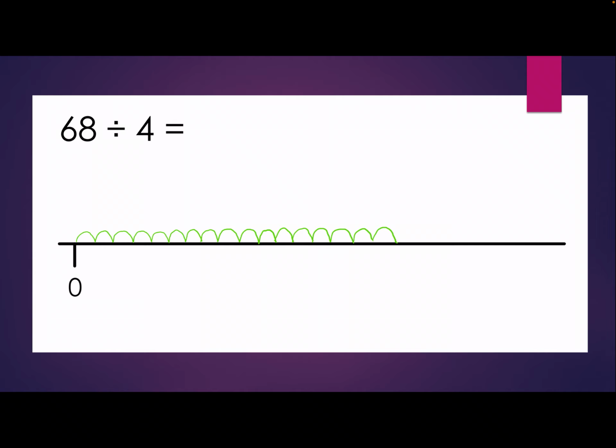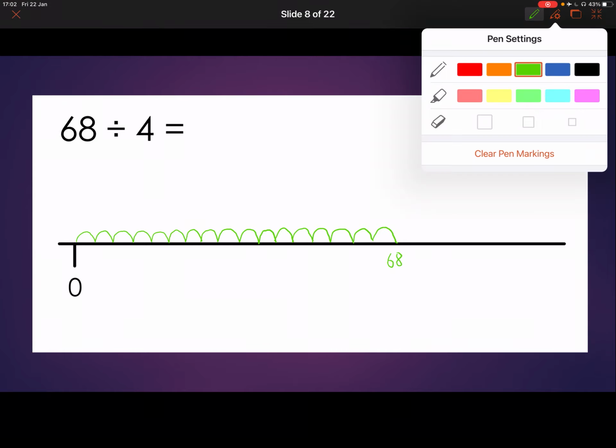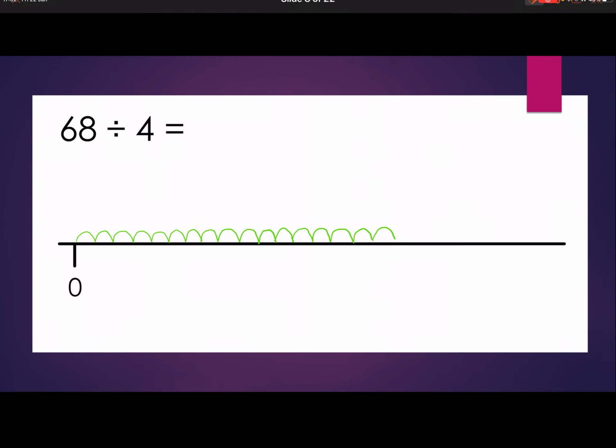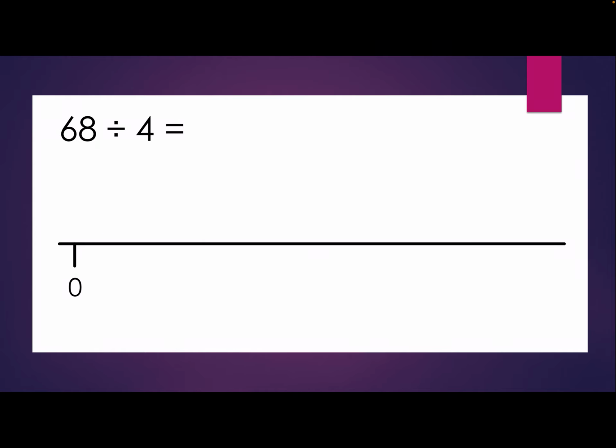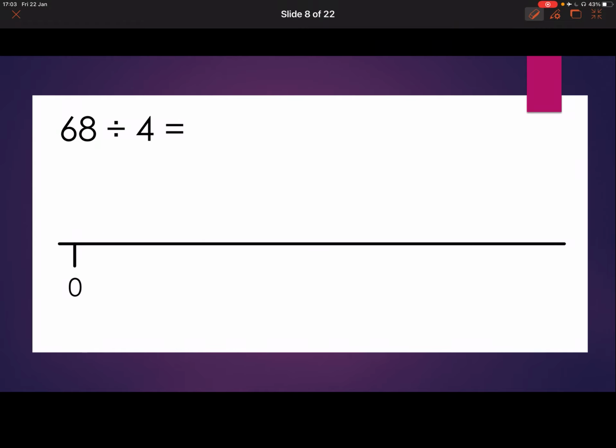That's a lot of jumps. I certainly can't be bothered to write all the numbers in between. I actually can't even be bothered to count it. Well, I don't need to. Let's be honest about this. Let's be a bit clever about it, actually. Let's try and find another way of writing this down.